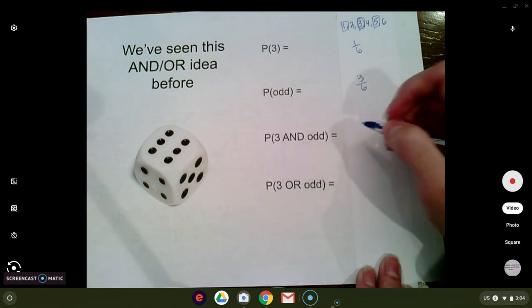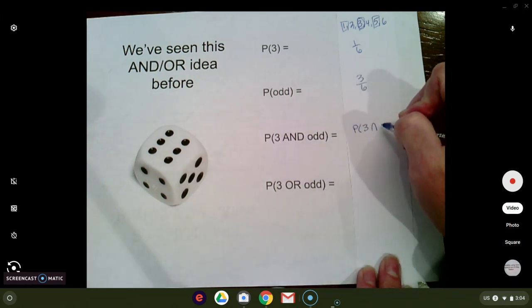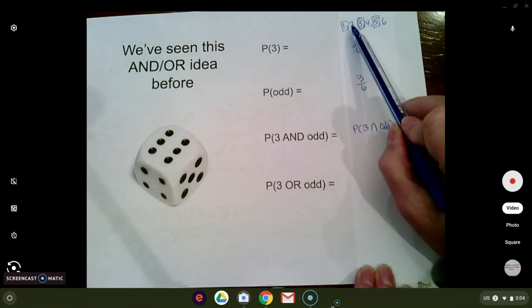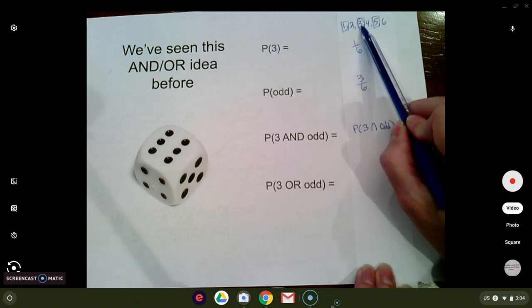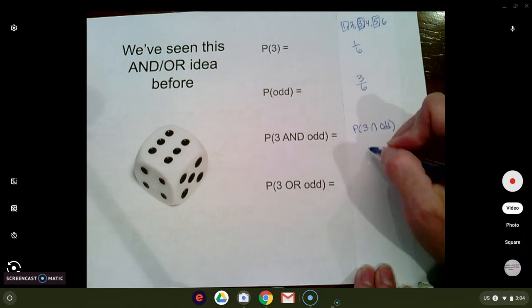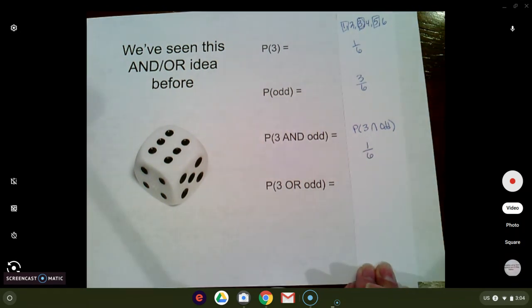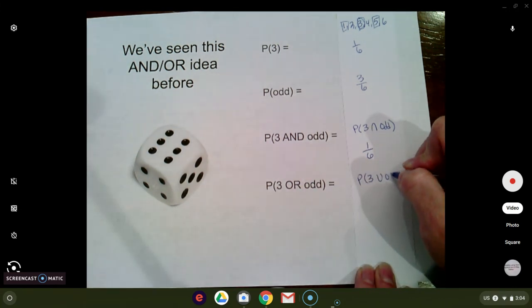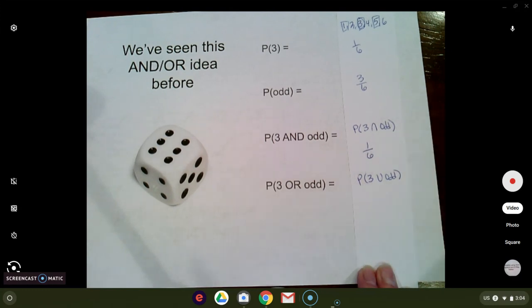Now let's try the and. The probability of rolling 3 and it's odd. Okay, well, there's one outcome we like here. It's the 3. So one outcome out of 6 is reasonable for us. That's the intersection. Now let's try union. Probability of 3 or odd. Let's have a look at this. Does this thing work?